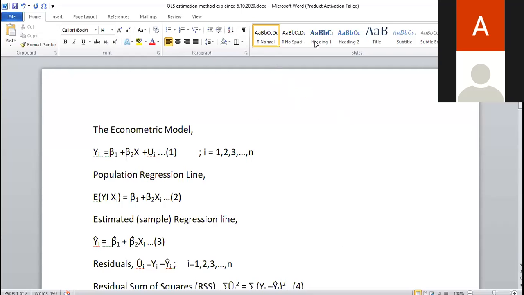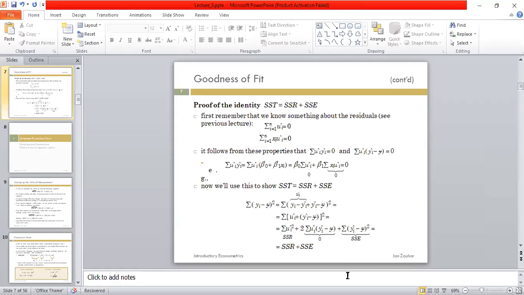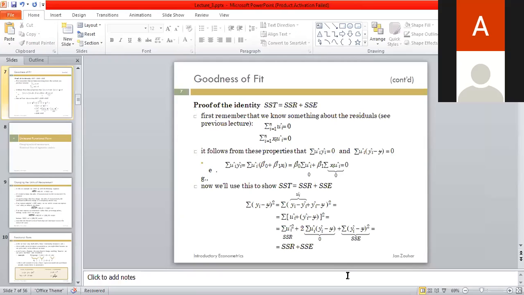Anyway, so let's move on to the new one. Now the next thing, after you estimate beta 1 hat, beta 2 hat, is something called goodness of fit, also called coefficient of determination. Goodness of fit means how much the line fits the data, how much the independent variable is explaining the dependent variable.